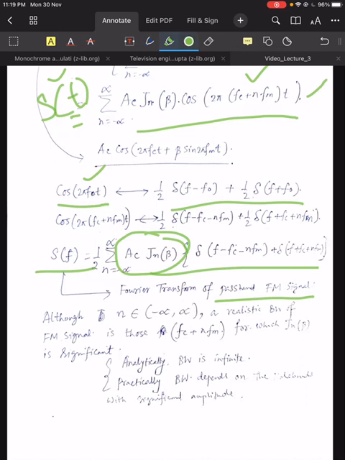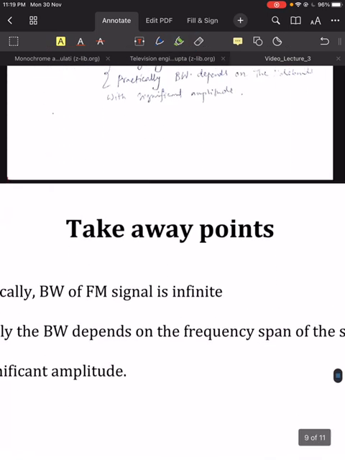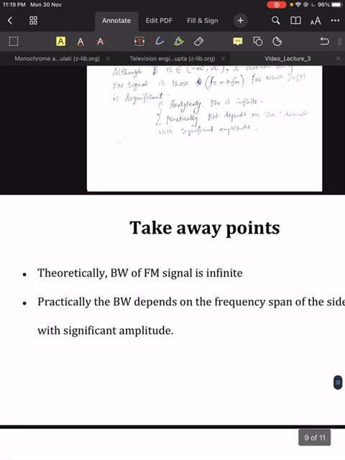That would be determined by analyzing the sideband amplitudes, which are determined by this Bessel function, right? So this is the basic idea behind how we can calculate the spectrum of an FM signal.